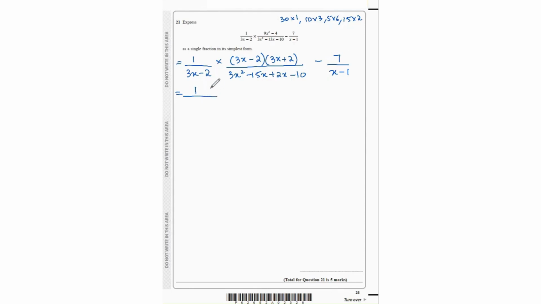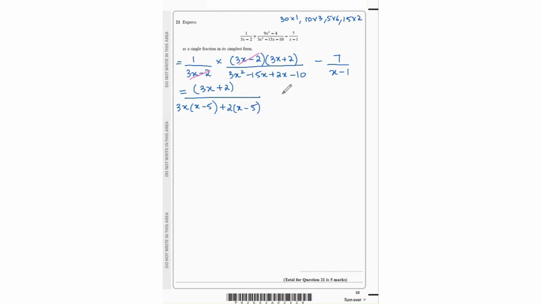So 1 over... So if you notice, there's a 3x minus 2 in the numerator and denominator over here. So just cancel that out and make your equation simpler. So that's 3x plus 2 over, between 3x squared and 15x, we have 3x common. So x minus 5 over here and plus 2 common over here.